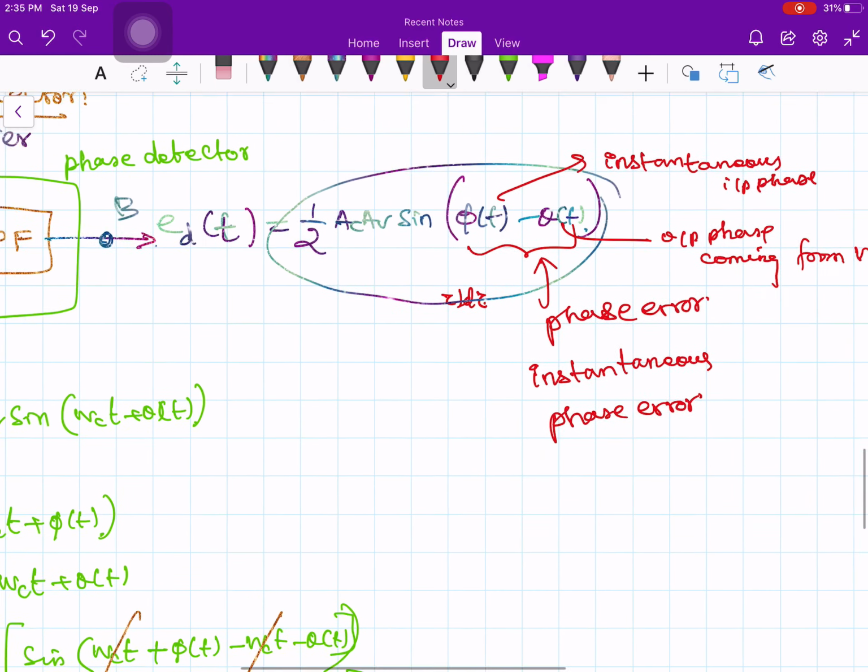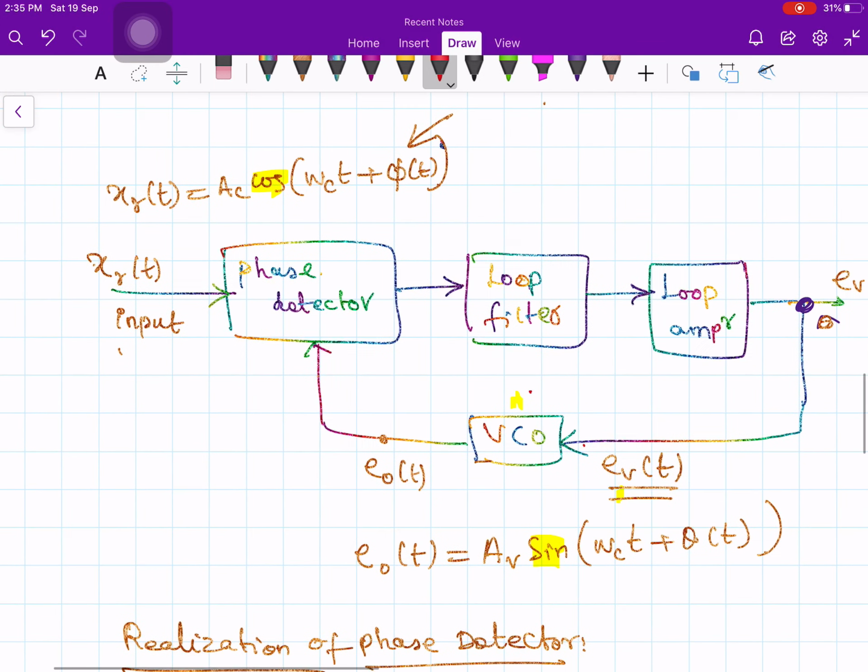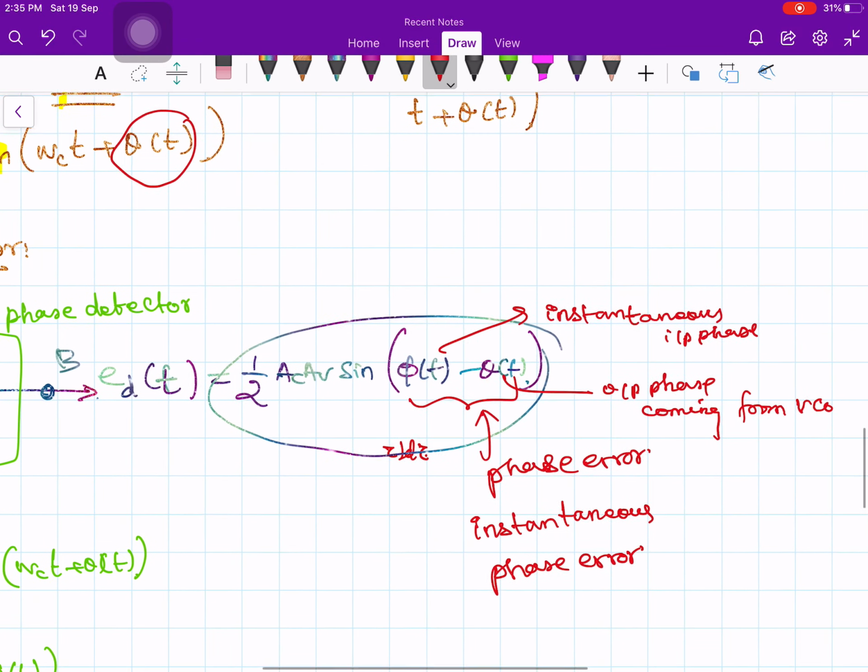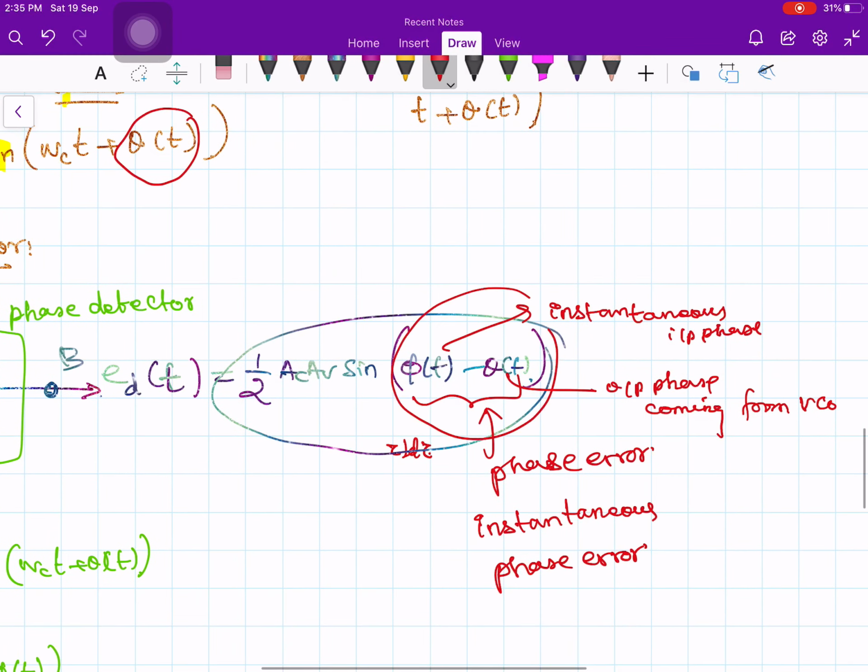The VCO. If you look at the diagram, then you'll come to know. So this is coming from the voltage controlled oscillator. So your theta of t is the instantaneous phase coming from the voltage controlled oscillator. So therefore this is my difference in the instantaneous phase error.